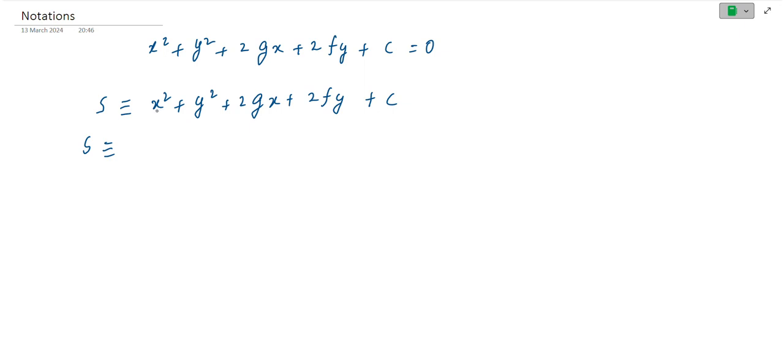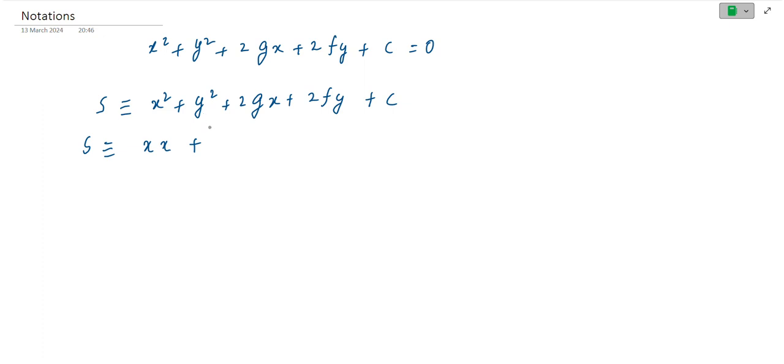The x square, I'm writing it as x times of x. X times of x is the same as x square only. I will tell you in a minute why I'm writing x square as x into x.